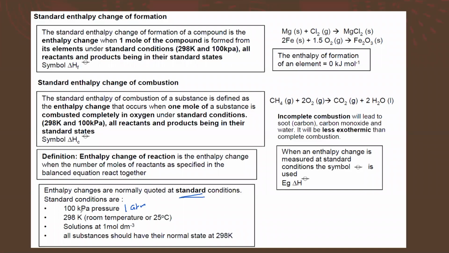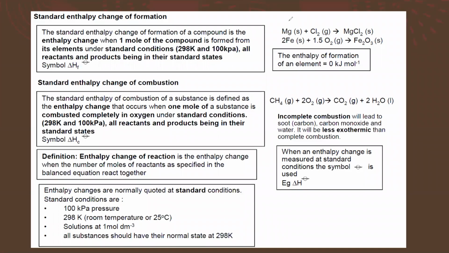The concentration of the solution should be 1 mole per dm cubed, and all the substances are in their normal state at 25, the room temperature. For example, magnesium is a solid and chlorine is a gas at room temperature. When they react and form a compound, when elements form a compound, we call that enthalpy change of formation.